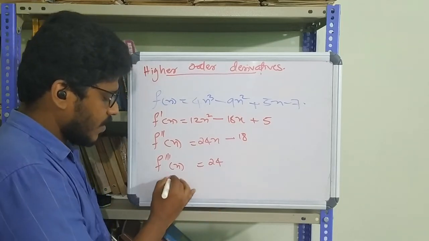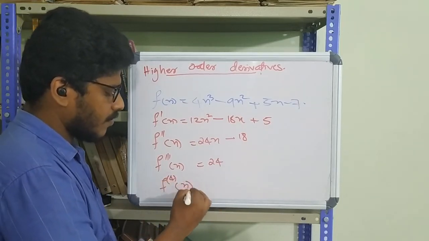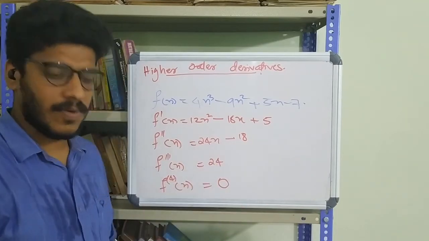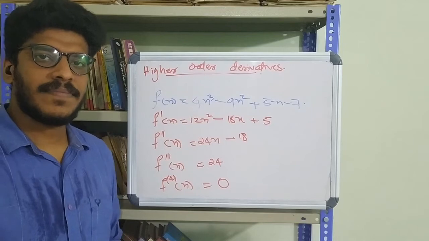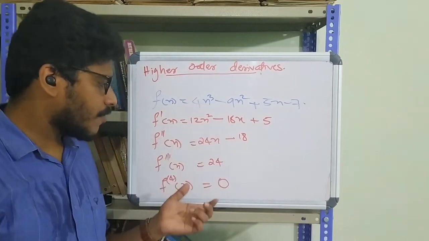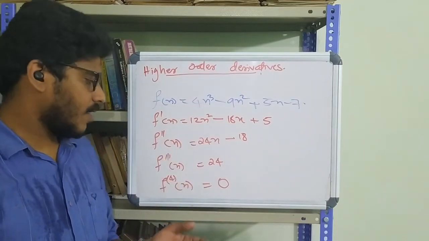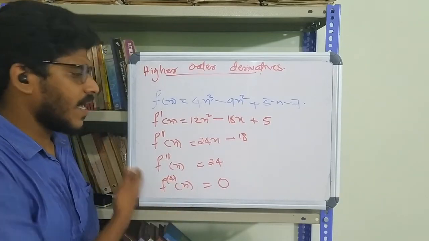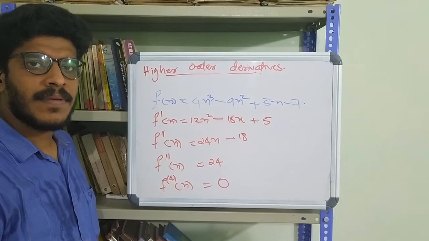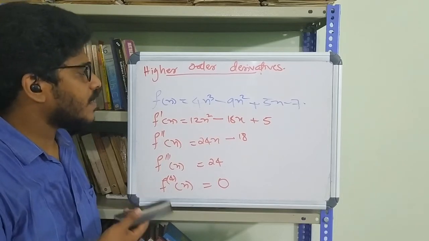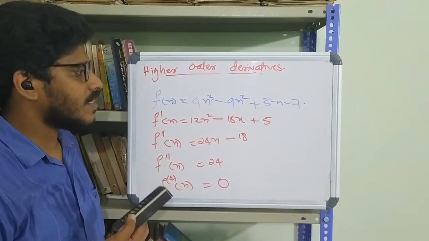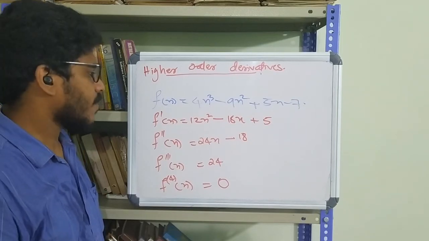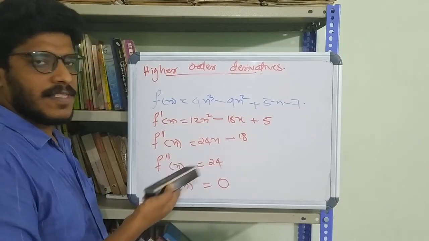So what is the fourth order derivative of f? It is the derivative of 24, which is 0. So this is how we perform the differentiation operation multiple times to obtain the higher order derivatives. This may come up intermittently in your practical application, either in physics, chemistry or economics or wherever. So take care of this.